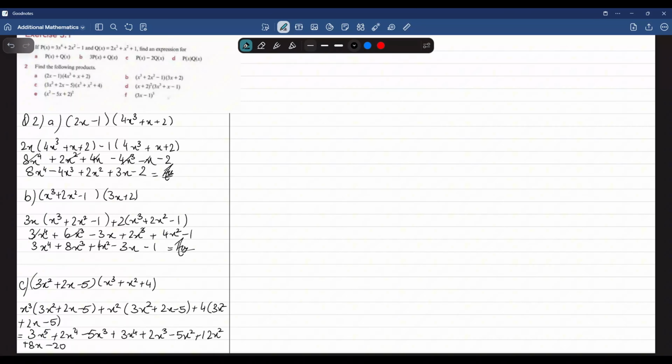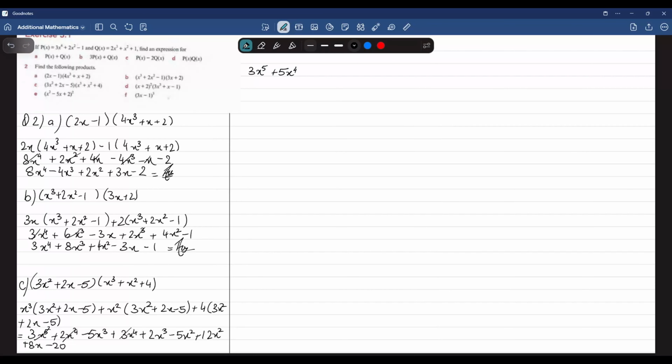Now simplify this equation, we get 3x raised to the power 5. 2x raised to the power 4 plus 3x raised to the power 4 is going to give us 5x raised to the power 4.